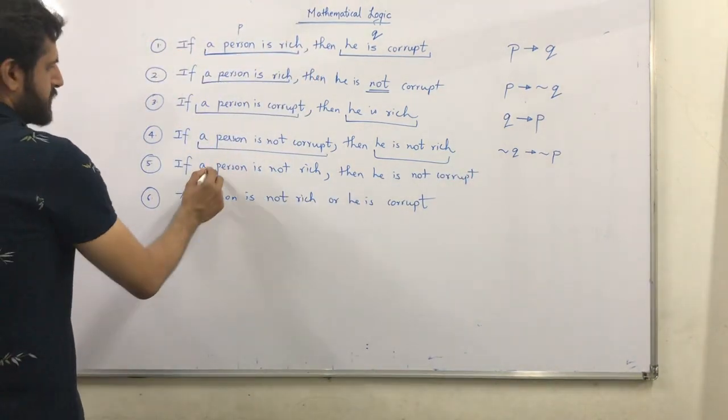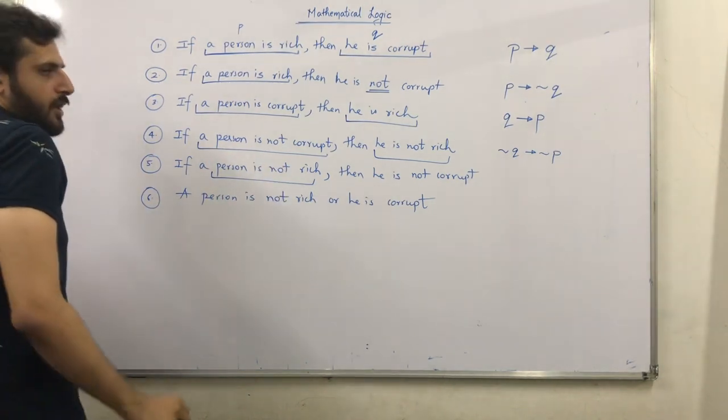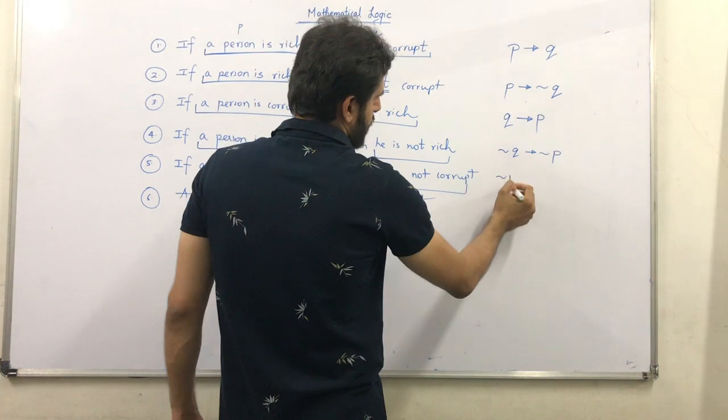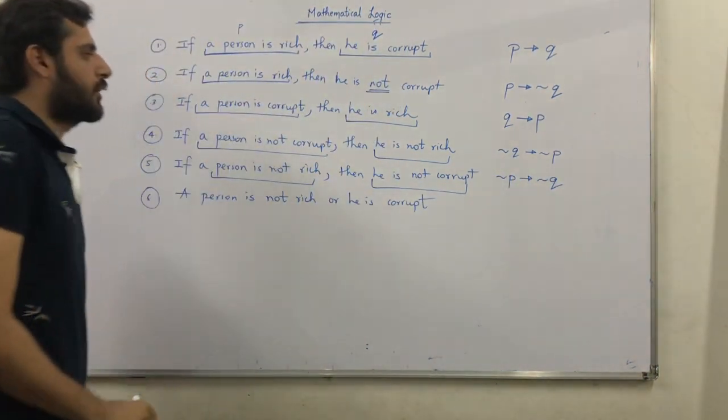Then a person is not rich, then he is not corrupt can be taken as negation P implies negation Q.